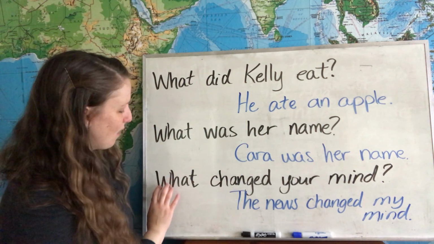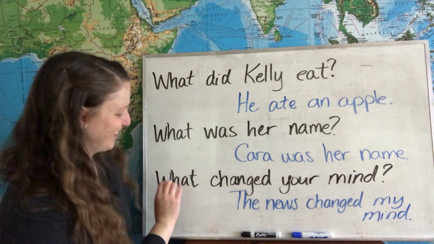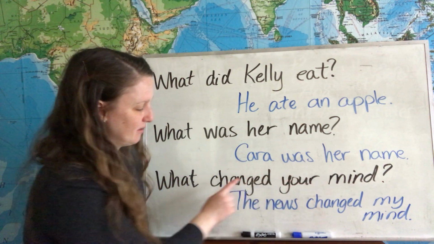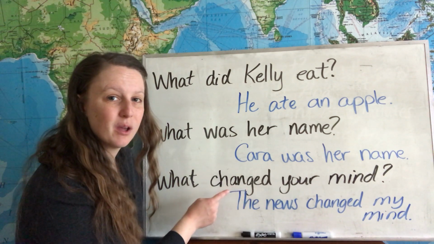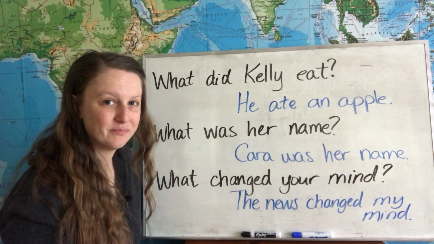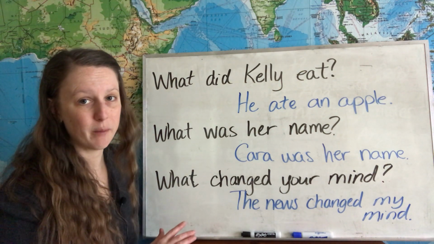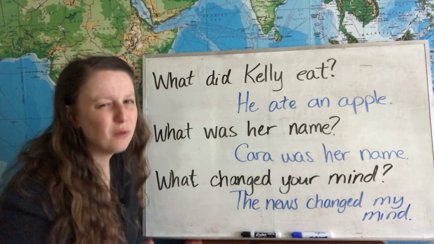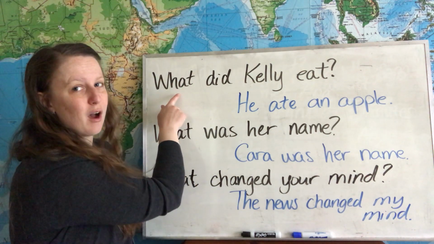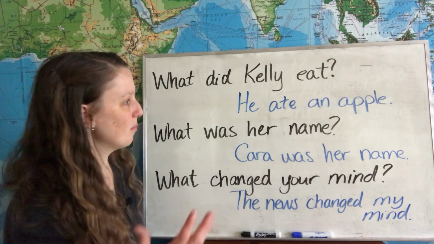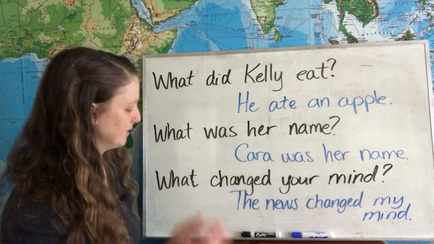But when what is the subject, we have what changed your mind with a simple past verb with no did. Now, what as the subject is not very common. You will not see it too often. It's much more common for what to be the object of the question. But it does happen sometimes.